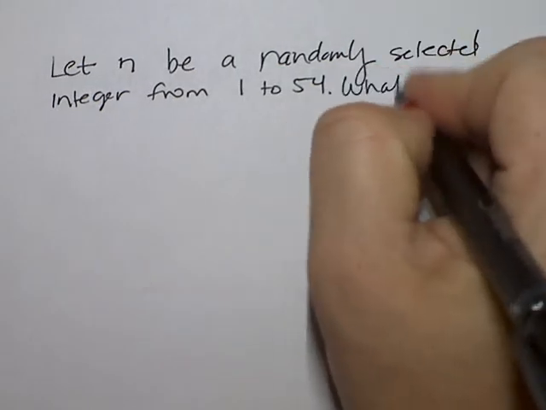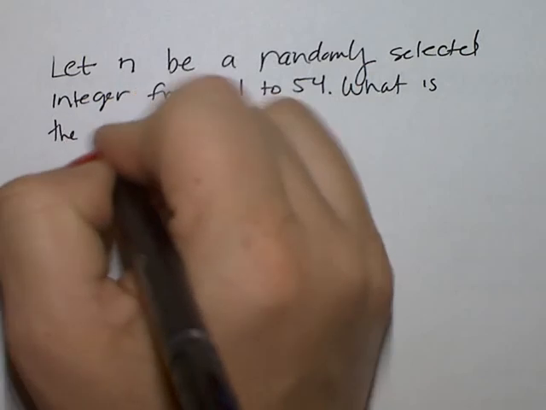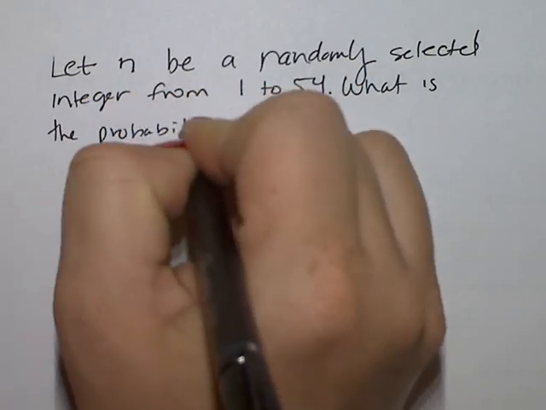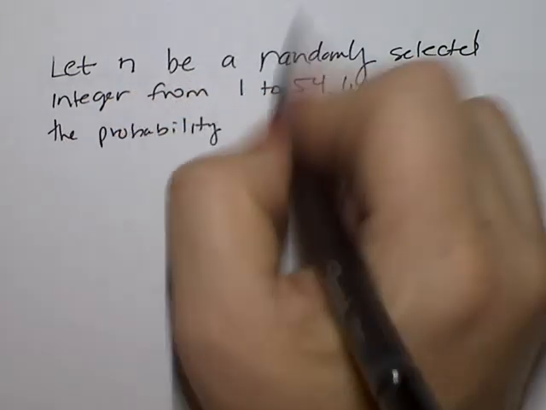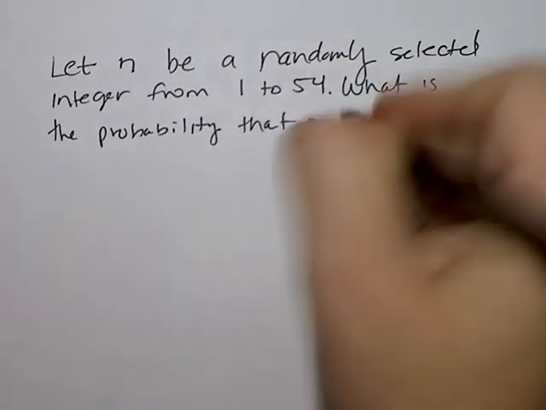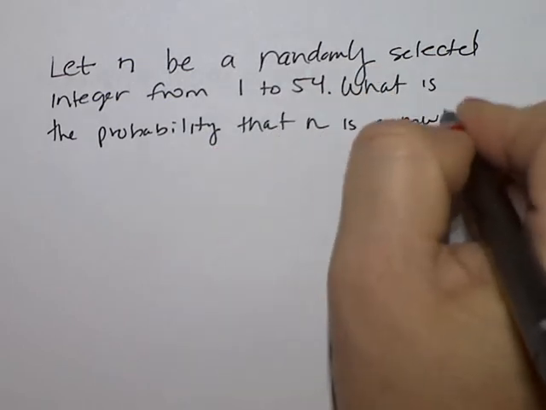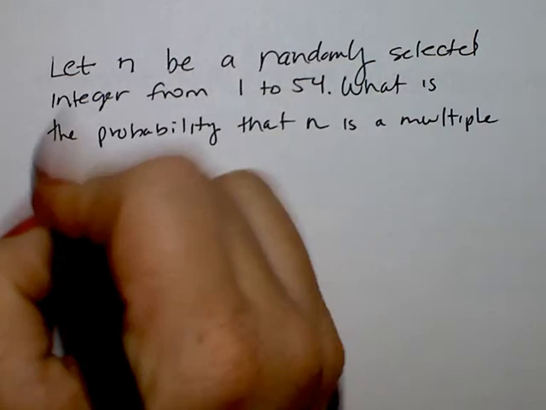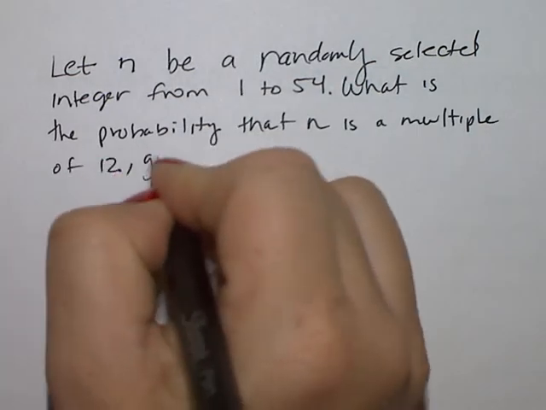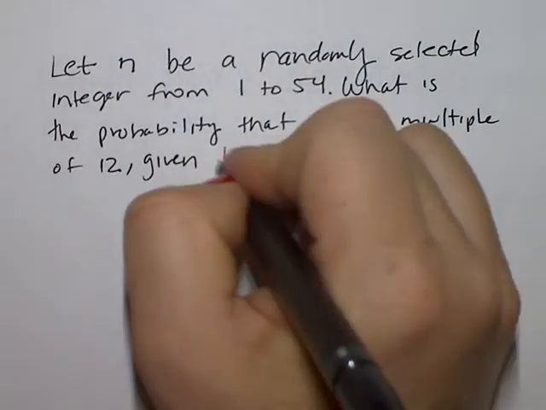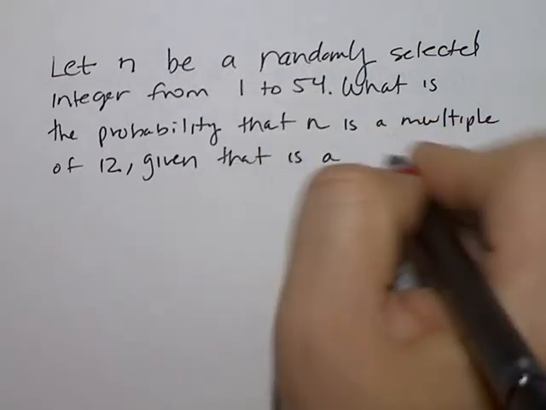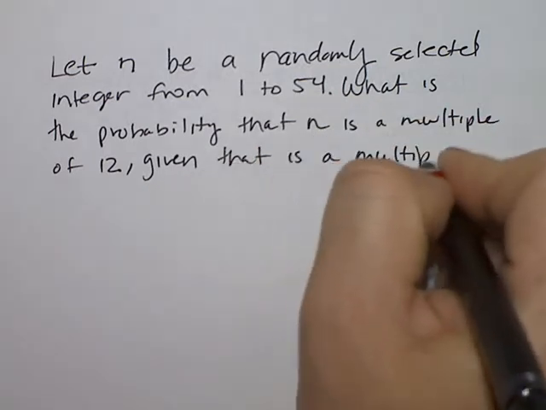What is the probability that n is a multiple of 12 given that it is a multiple of 4?